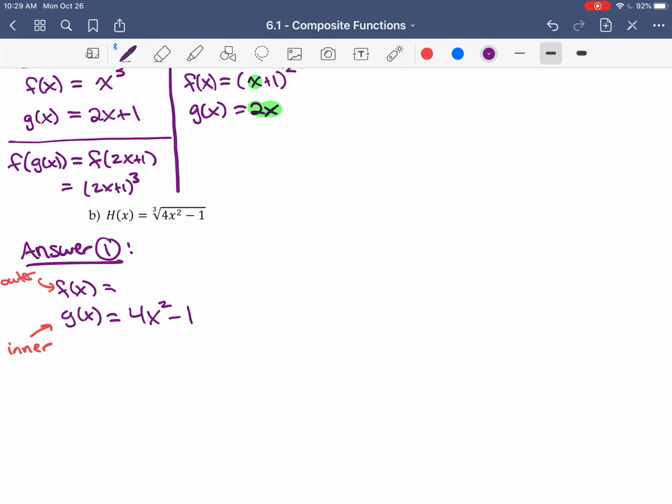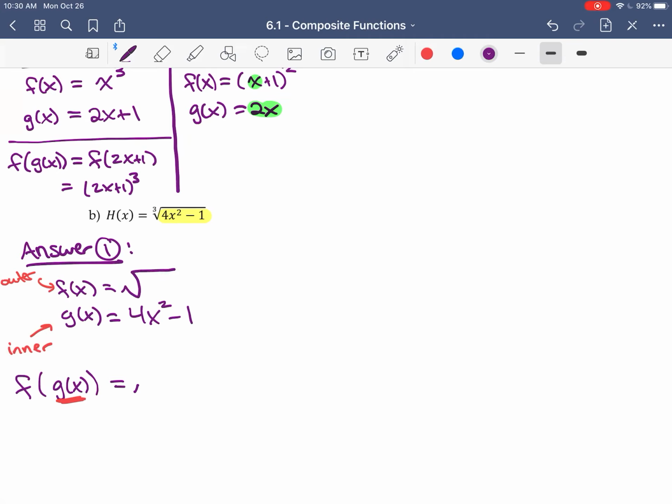Now, if I use that as g of x, when I do f of g of x, I'm going to be replacing all of my x's with g of x's. So I want to do that in reverse now. So where I have g of x, okay, that's my whole g of x. What I want to do is replace that with x.